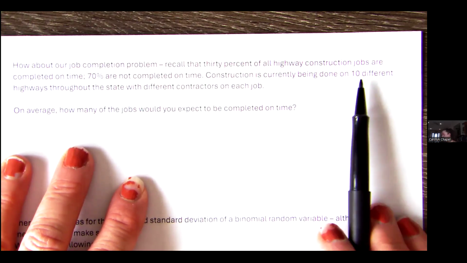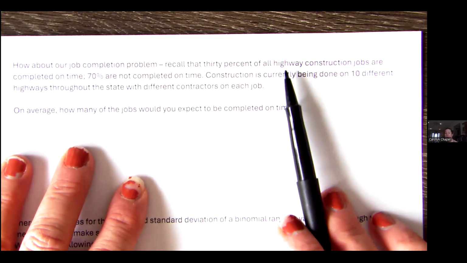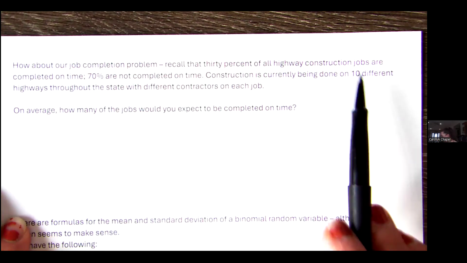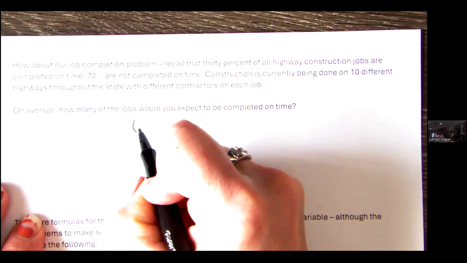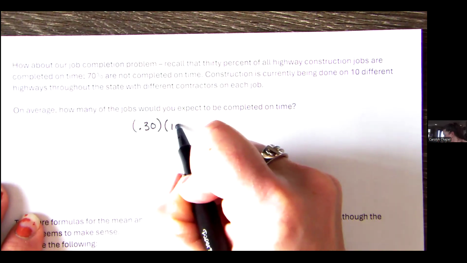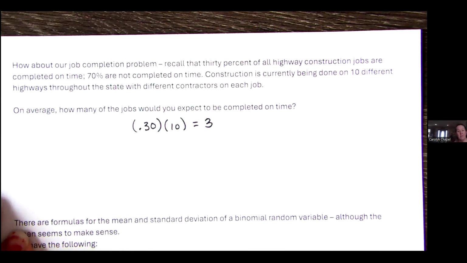Well, if we're doing 10 jobs and 30% are done on time, I would think 30% of the 10, so 0.30, of tells me to multiply. I would expect 3 of those jobs to be done on time.